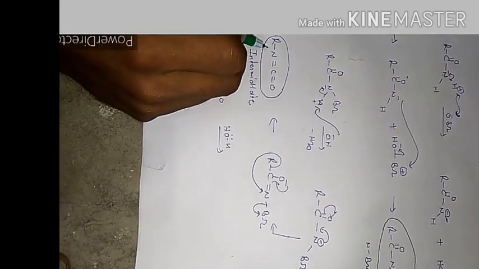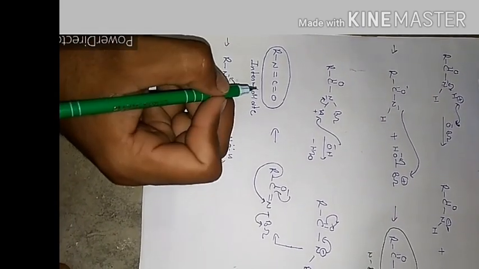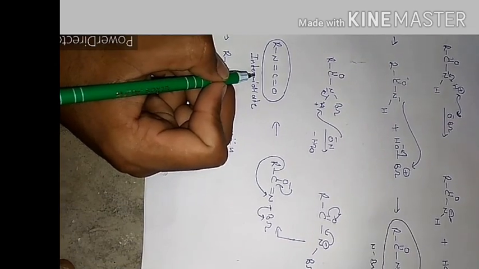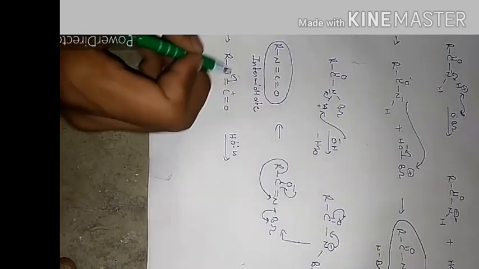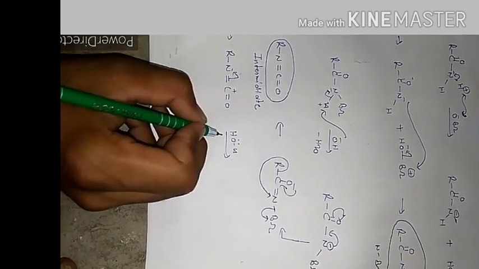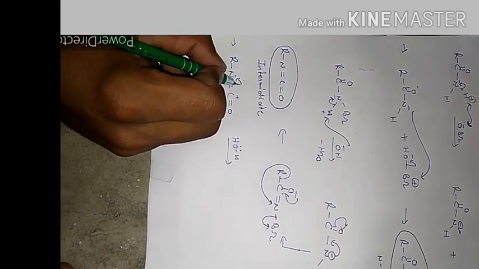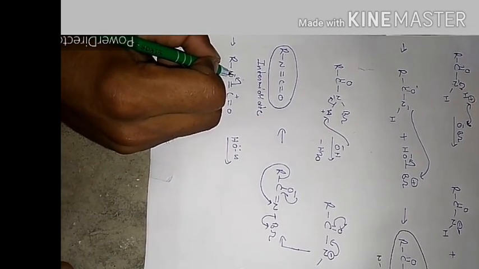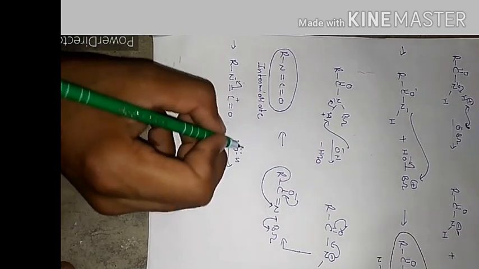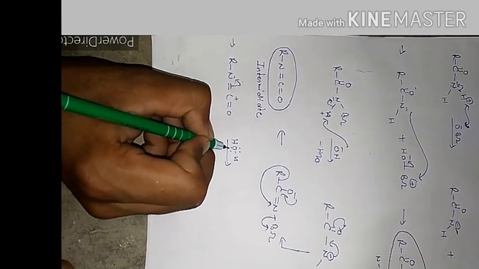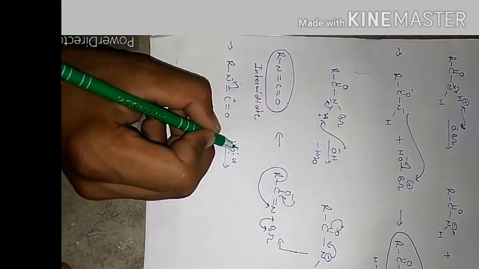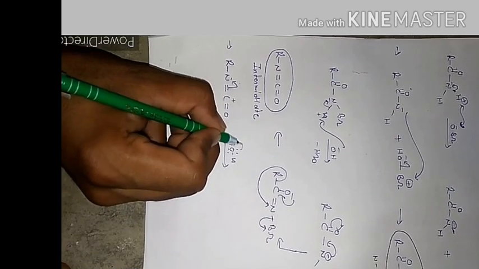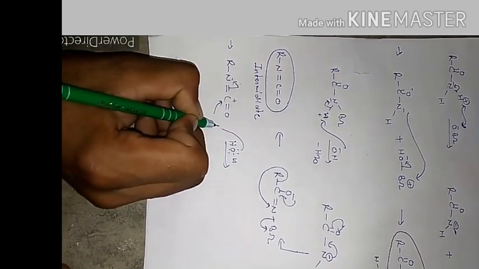This is the intermediate alkyl isocyanate, and this is attacked by a water molecule. Here the electronegativity difference, the bond breaks towards nitrogen, and the lone pair of electrons on the oxygen atom abstracts the proton.